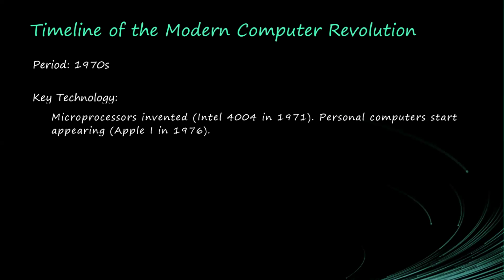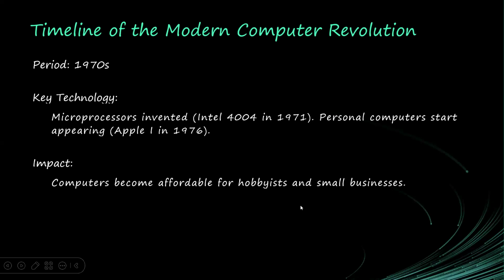But in the 1970s, especially in 1976, people started affording personal computers because they were smaller and cheaper, because of the invention of microprocessors. So microprocessors changed the game. What was the impact? Computers became affordable for hobbies and small businesses.